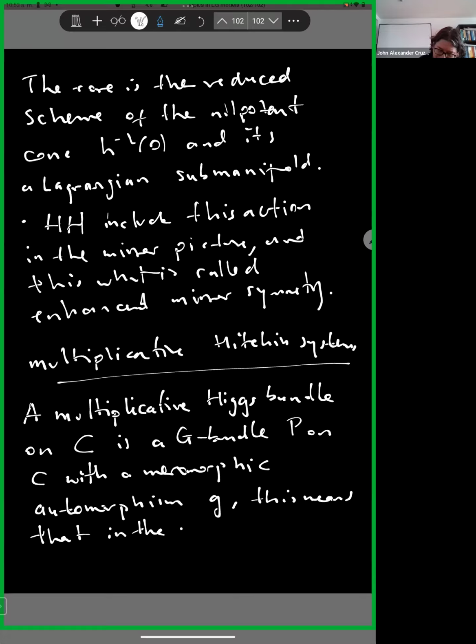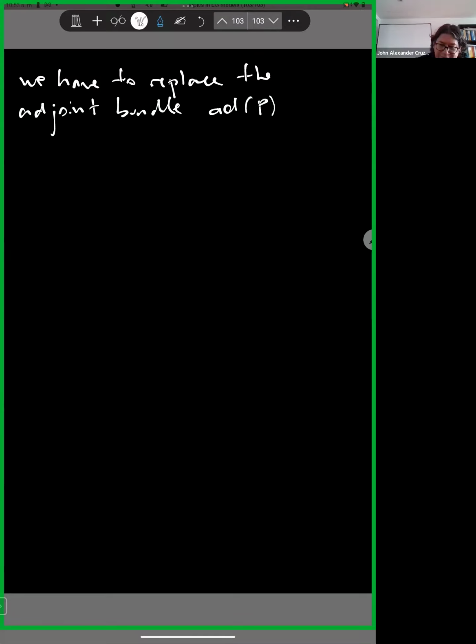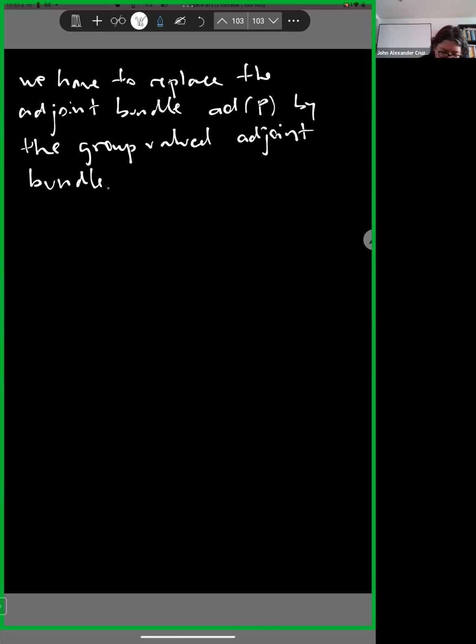In the usual definition, you have to replace the adjoint bundle of P by the group valued adjoint bundle, with values in the Lie group. So that's the difference.